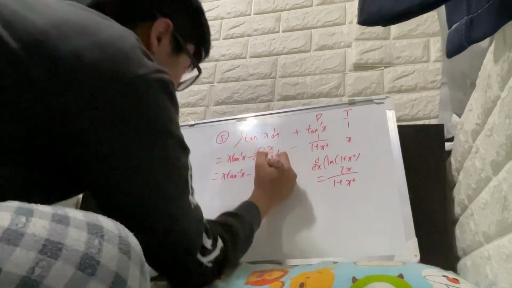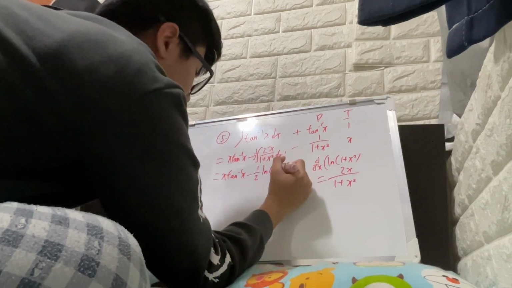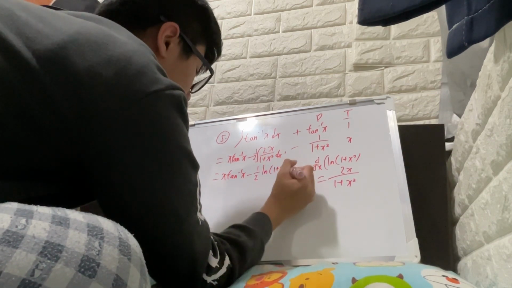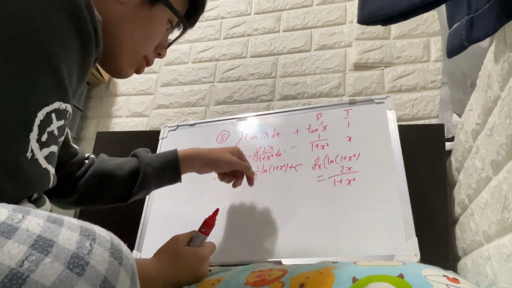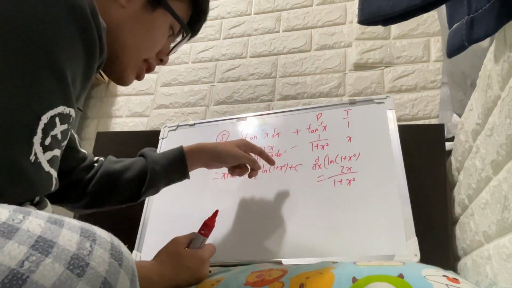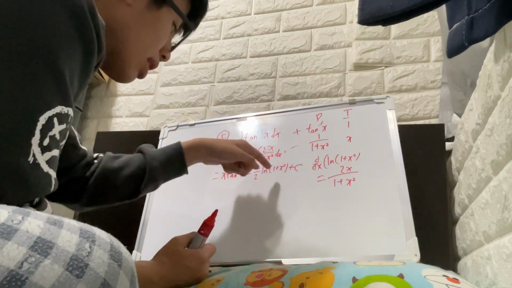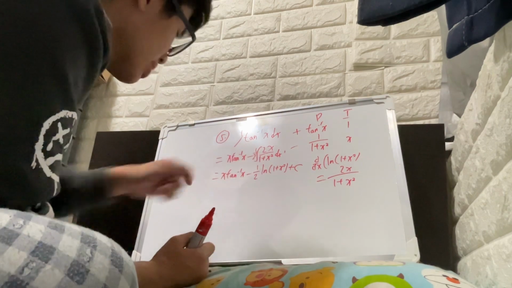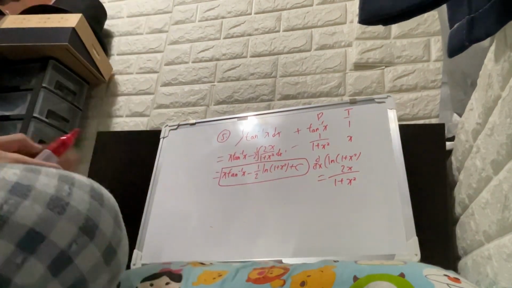So you get negative 1/2 Ln of 1 plus x squared plus c. And here we don't need an absolute value because 1 plus x squared is always positive, so don't worry about a negative number inside. So that's our answer for the integral of inverse tangent x.